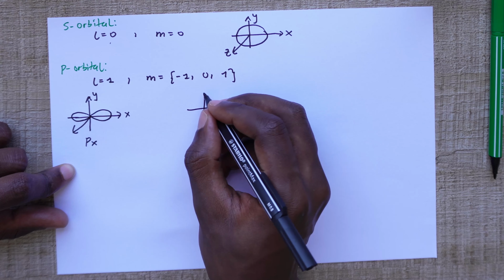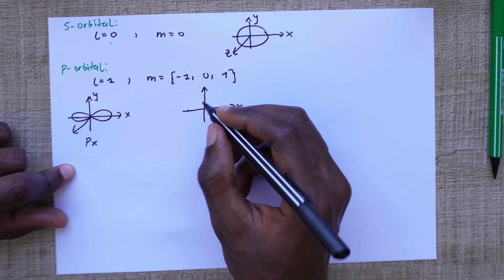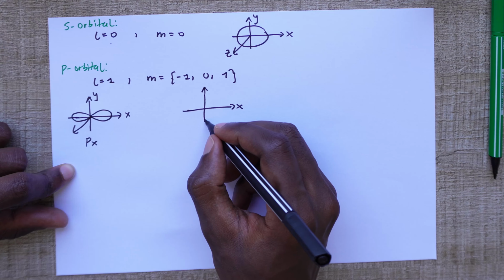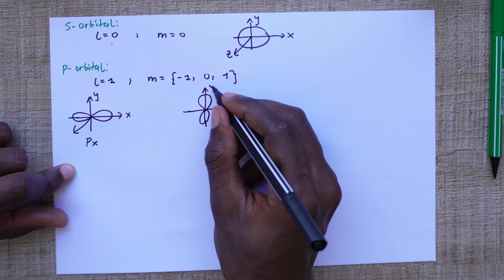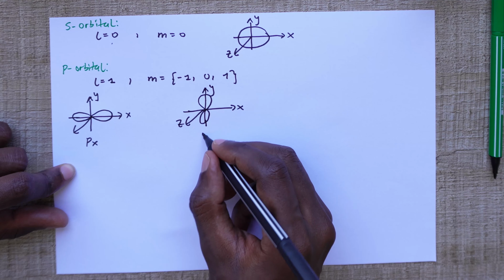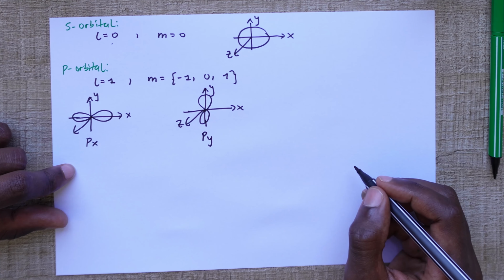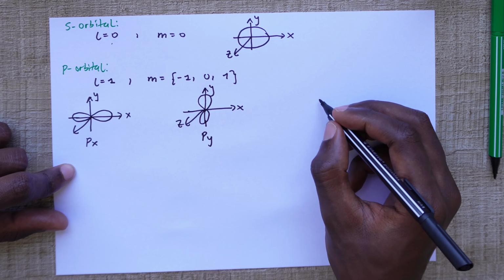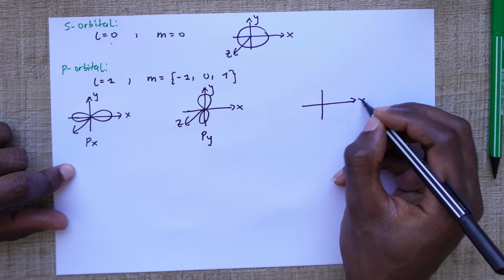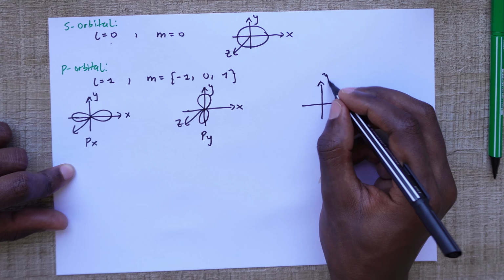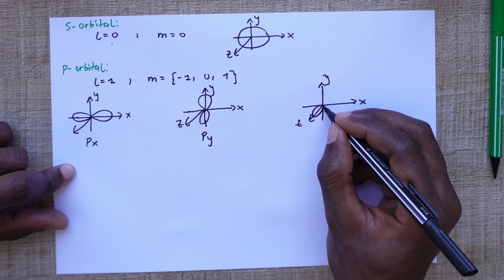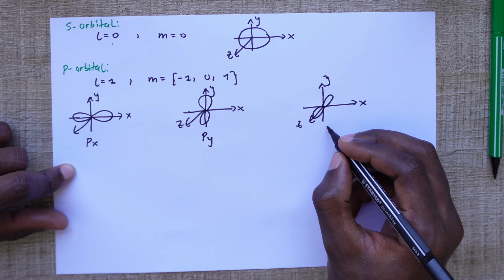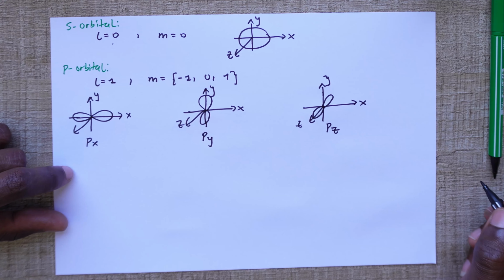If the dumbbell is oriented along the y-axis, like that, so let's say this is y, this is z, then we have the py orbital. And the last type, if the dumbbell is oriented along the z-axis, like that, then we have the pz orbital.